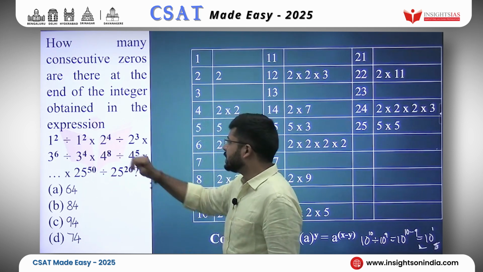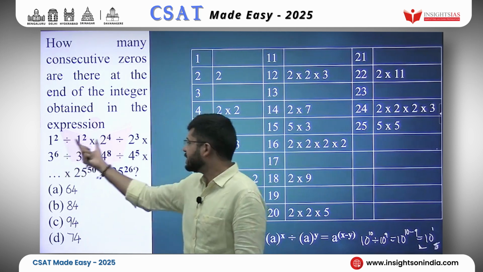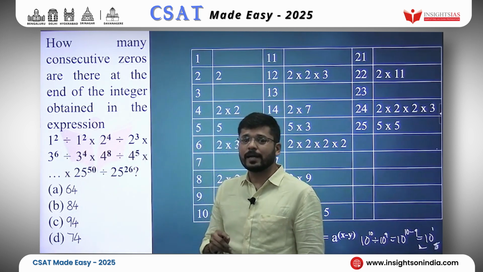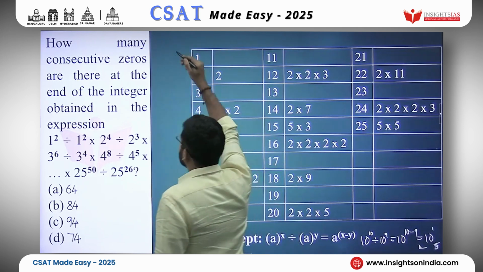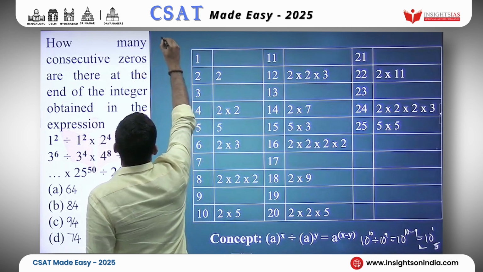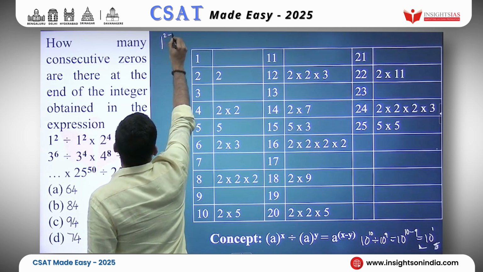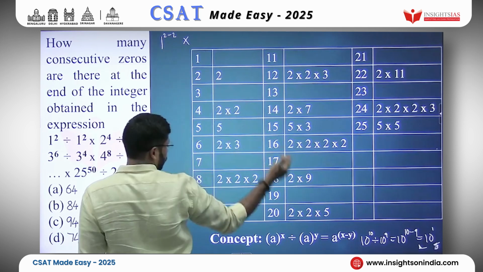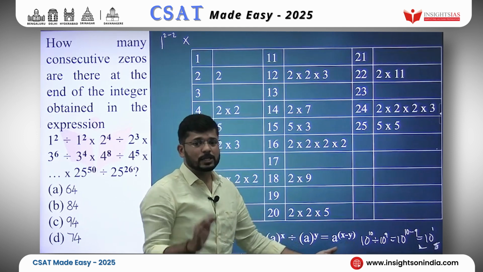Now we shall apply this concept to get a simplified form, so that we can calculate the pairs of 2s and 5s in this expression. The first expression, 1 to the power of 2 divided by 1 to the power of 2, would be 1 to the power of 2 minus 2, because a power x divided by a power y is a power x minus y.